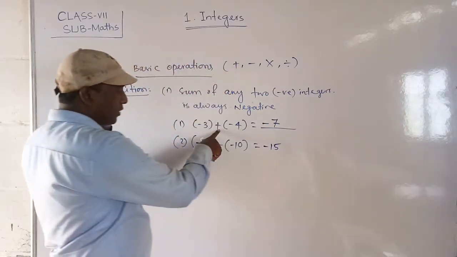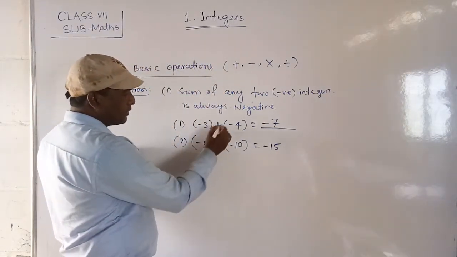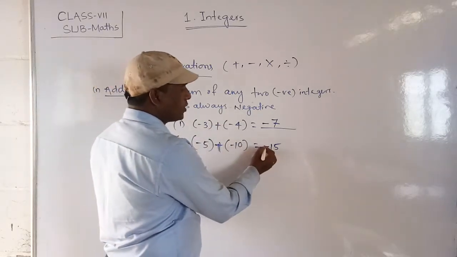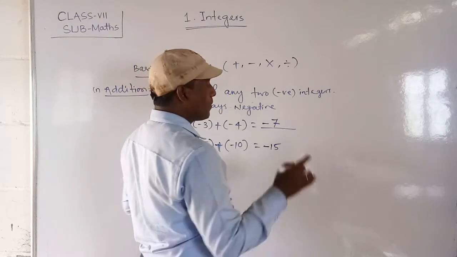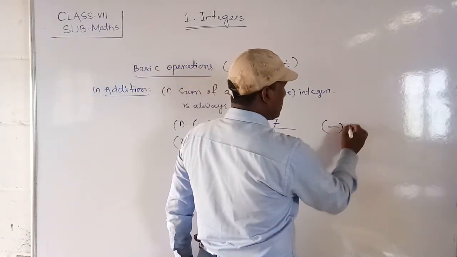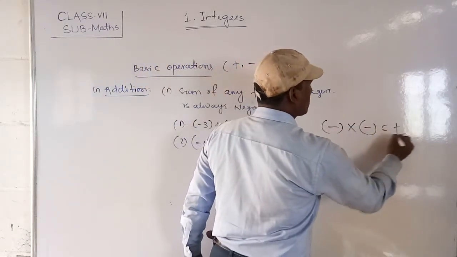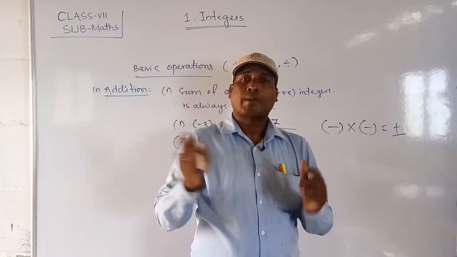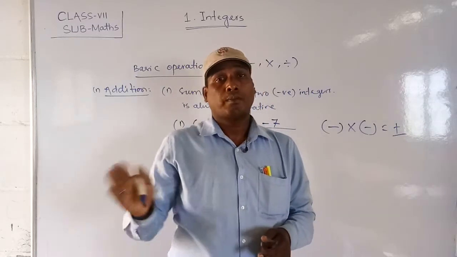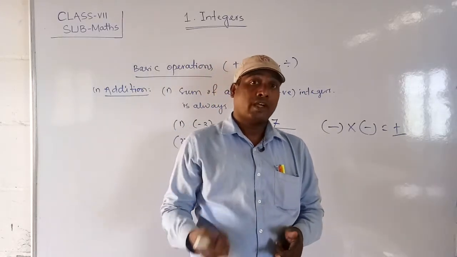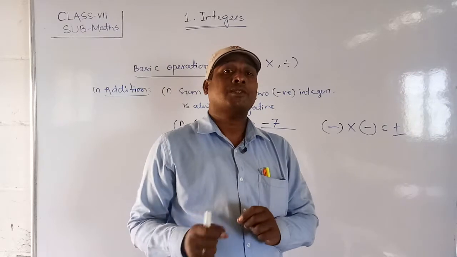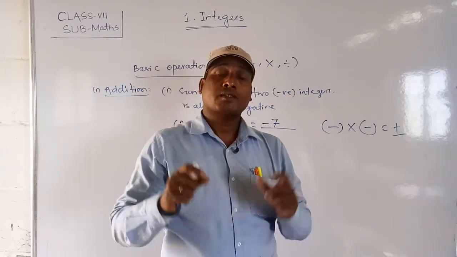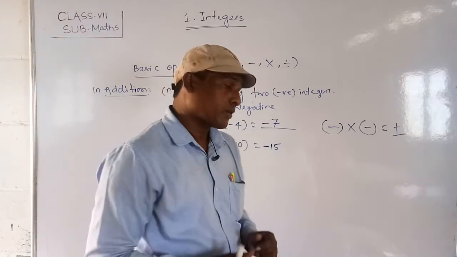Whenever you add two negative numbers, the negative sign will come compulsorily. Only when you do minus into minus, at that time it is plus. When you do addition, it will be minus, and whenever you do multiplication of two negative numbers, you have to take plus.